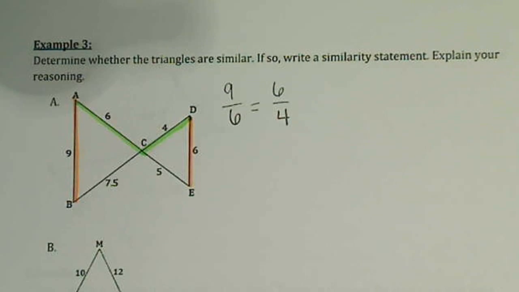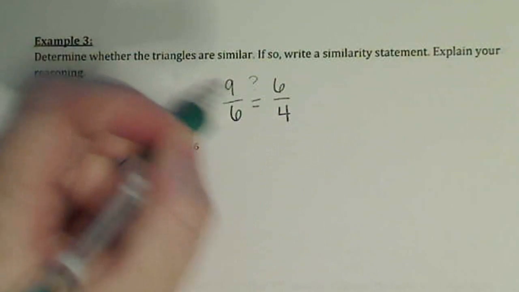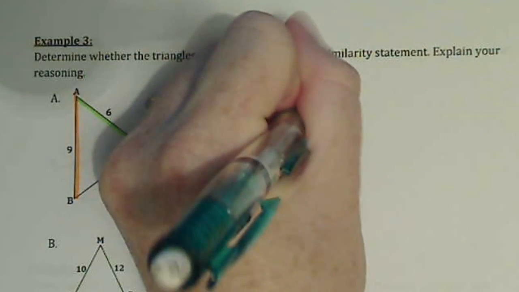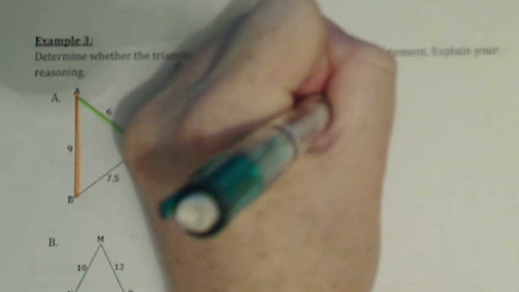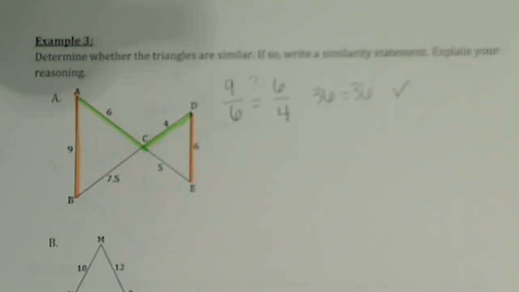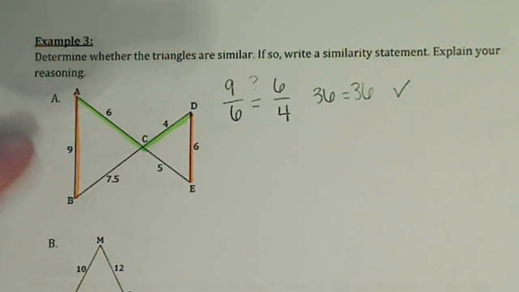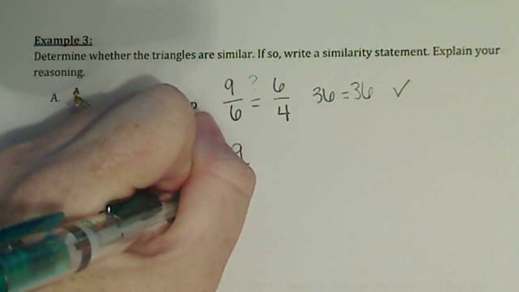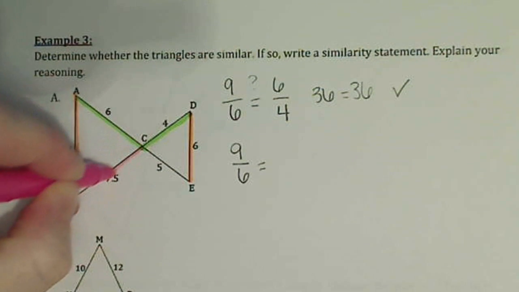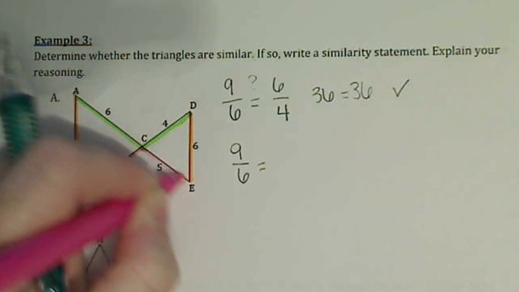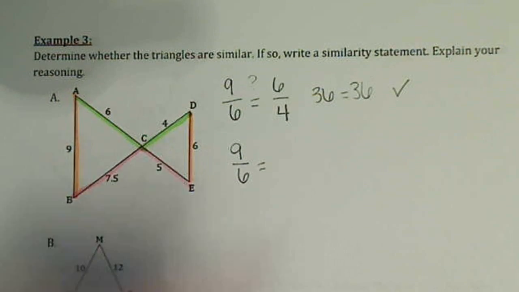Are those proportional? 9 times 4 is 36. 6 times 6 is 36. Okay, those are proportional. We need to see if this ratio of 9 and 6 is proportional with the third side. Right here, 7.5 and 5.